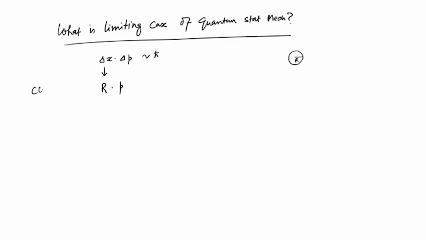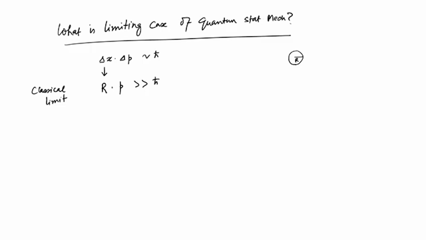the classical limit demands that this product, r into p, should be much greater than h cross, right, because if h cross is comparable to this product, then we are in the quantum regime, and we are talking about the classical limit of this.